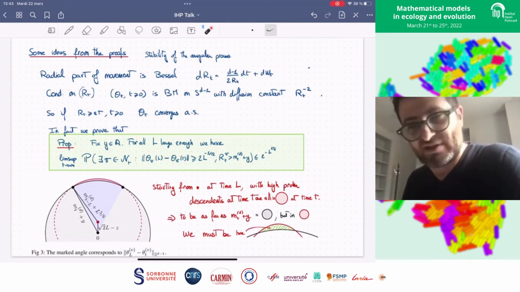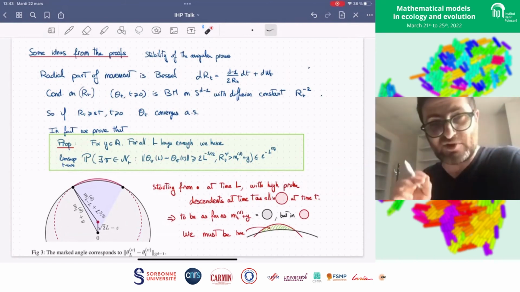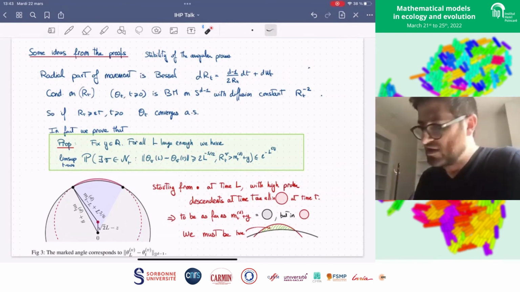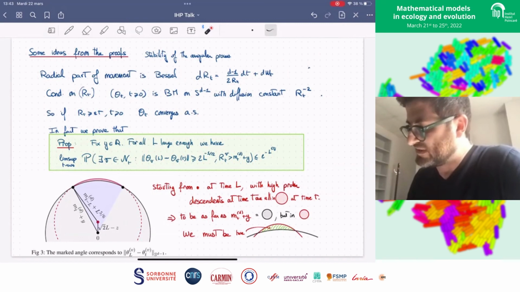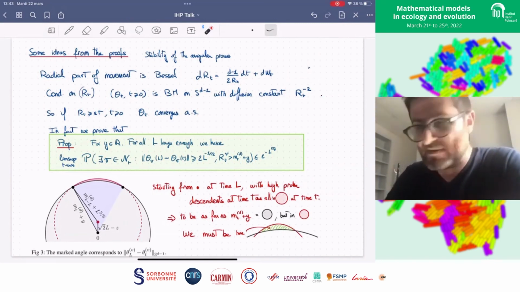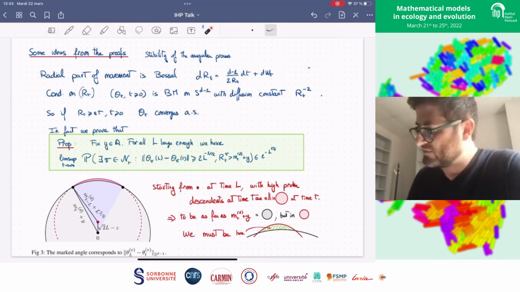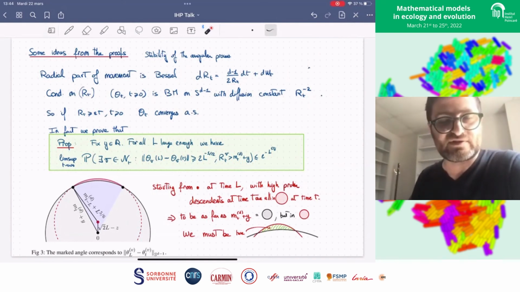Now, conditionally on R_t, theta_t is a diffusion on the sphere whose diffusion constant at time t is R_t to the minus 2. But because R_t is a Bessel process, R_t is growing, and so the diffusivity constant goes to 0, and in fact theta_t converges almost surely.